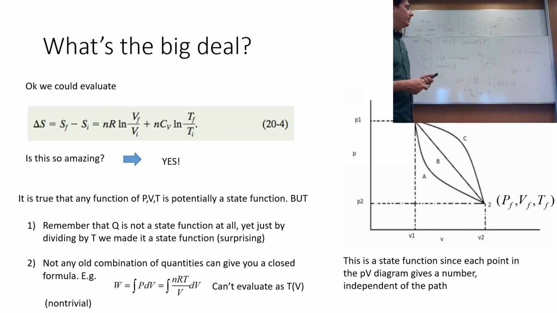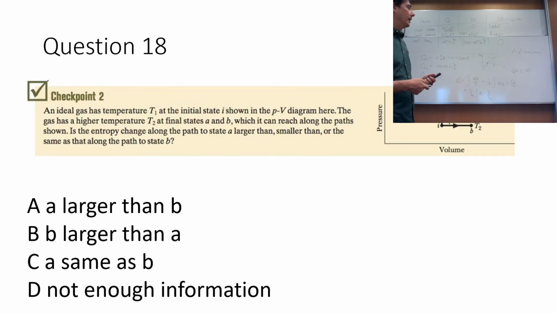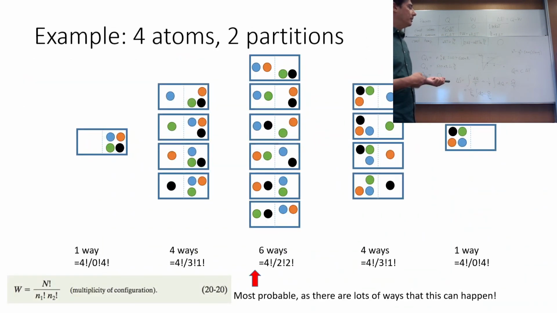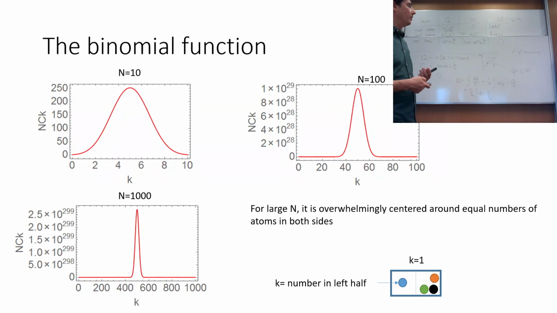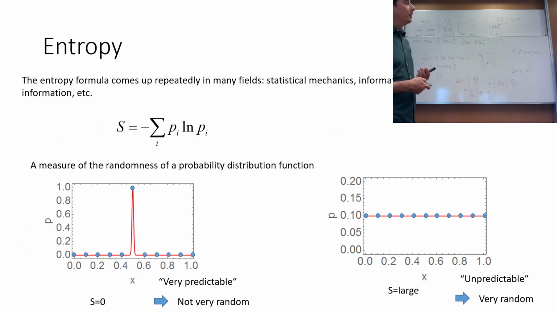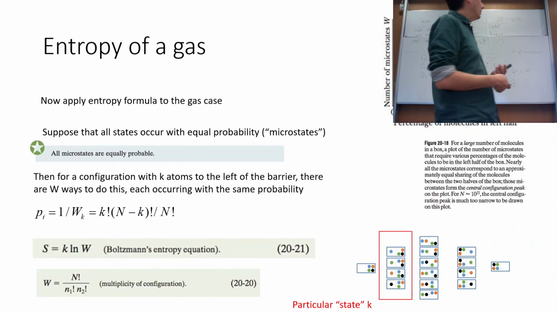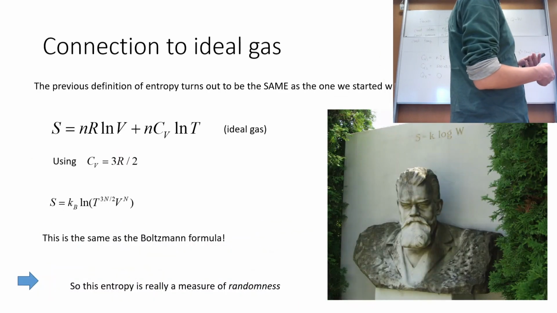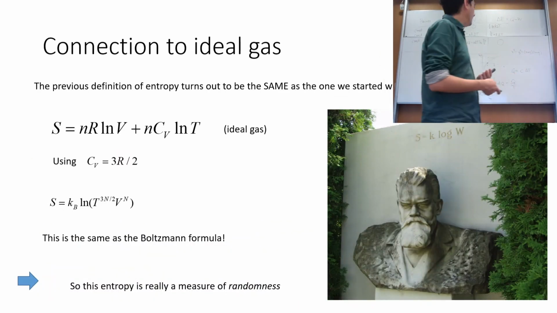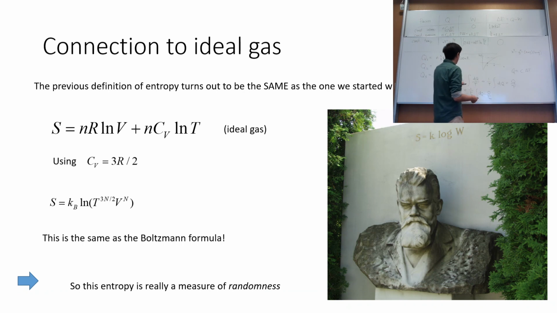And later on, you can show that it's related to a microscopic perspective. So probably the most amazing thing in this chapter is that you can relate this thing to a microscopic calculation of the entropy.